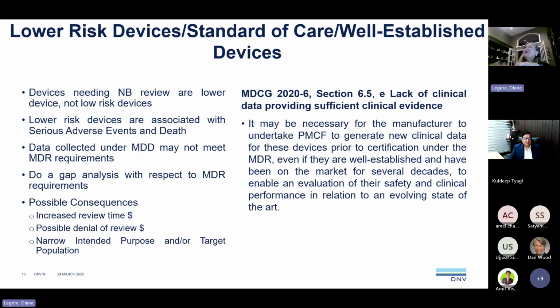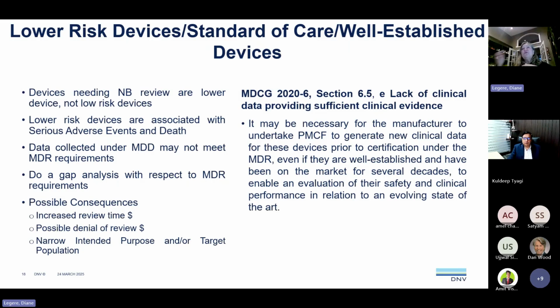So I'll give an example from one of my reviews. I was reviewing a needle and a syringe, and these are used millions of times a day globally. Everyone knows them. There really hasn't been that much evolution in them.